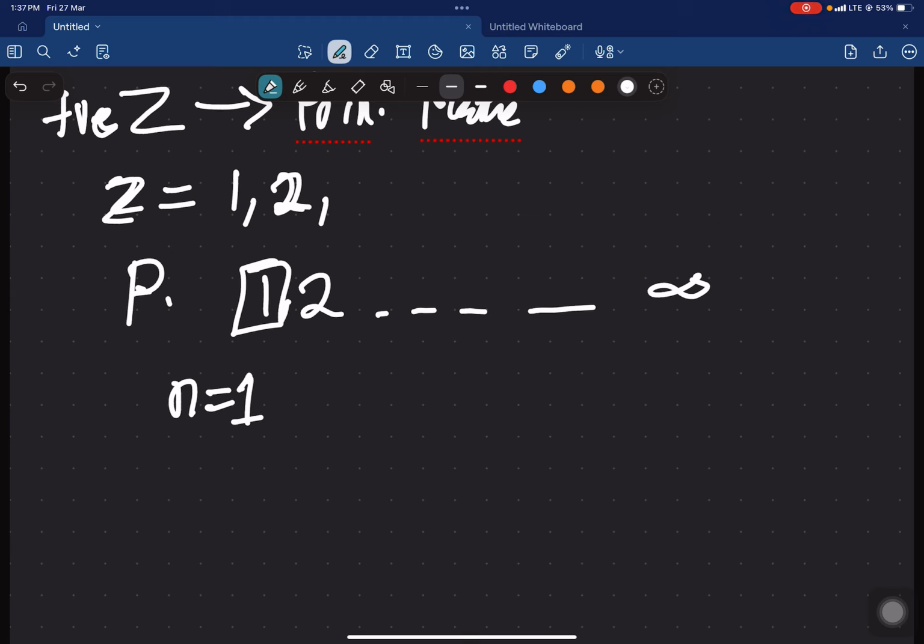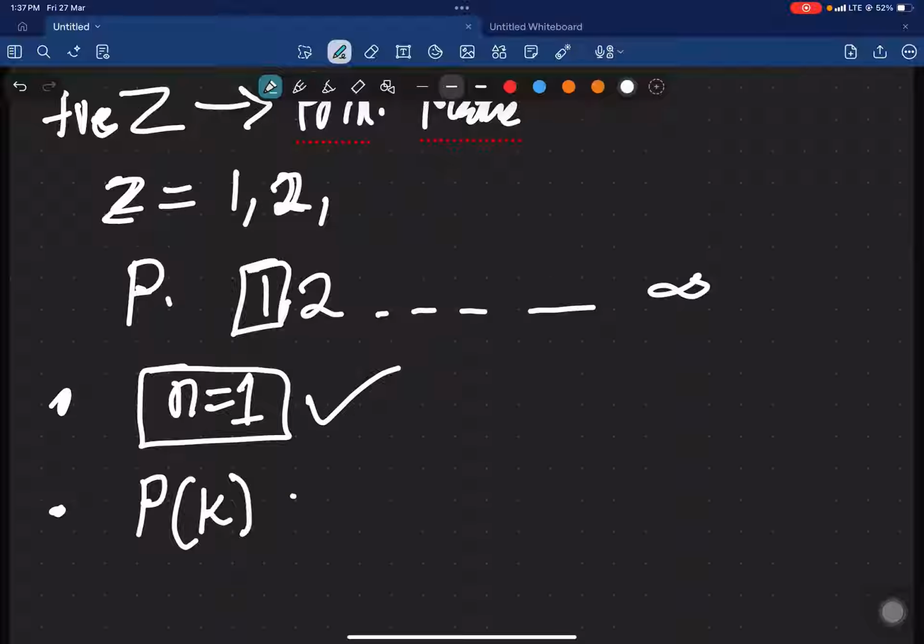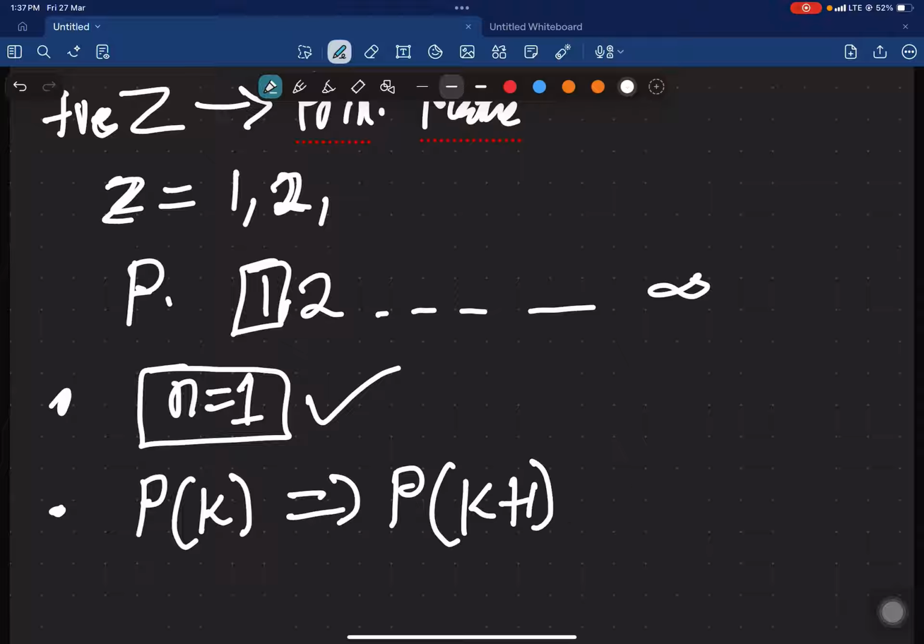So the first thing is we are going to establish or verify the statement to be true for n equals 1. If that is verified, then the next thing we are going to do is solve this implication. So we are going to say P(k) implies P(k+1). We are going to verify that this is true.